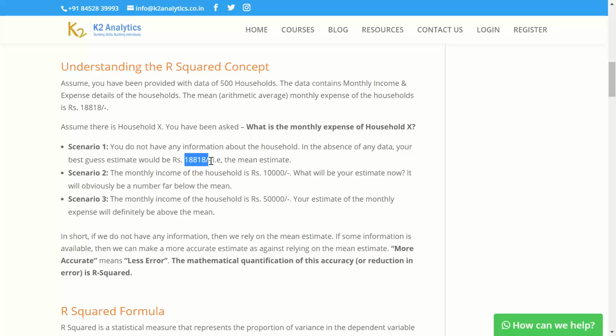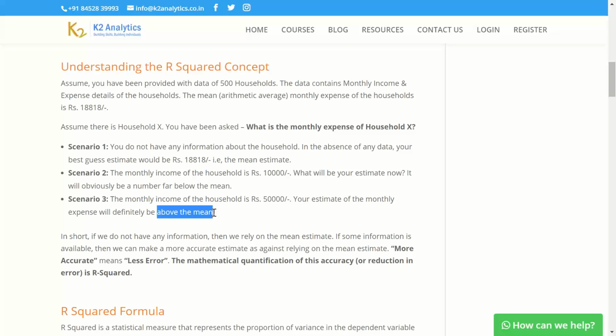If I tell you that the monthly income of the household is rupees 50,000, obviously your estimate of the monthly expense will be a number which will be above the mean 18,818. This is very logical.